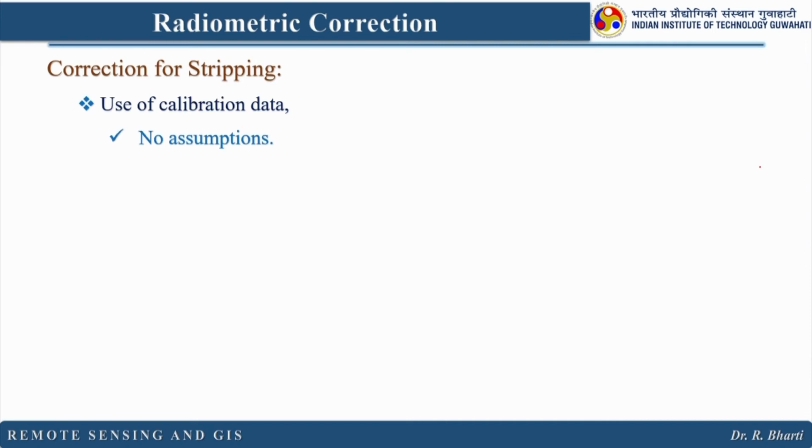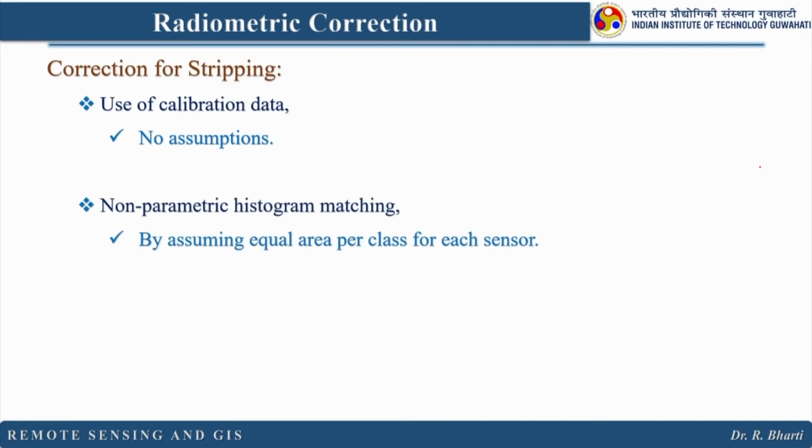So, here, how do we correct, what is the advantage, and what is the assumption. So, here you can see use of calibration data of the sensor, then non-parametric histogram matching by assuming equal area per class for each sensor, right.